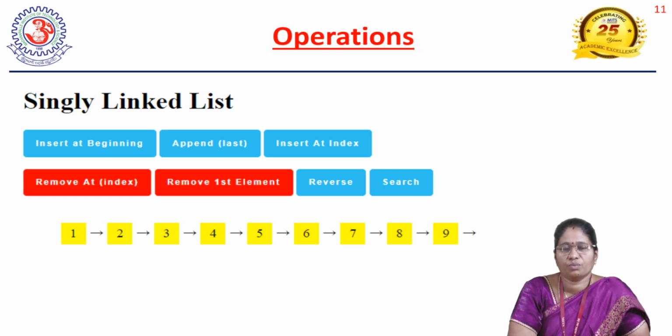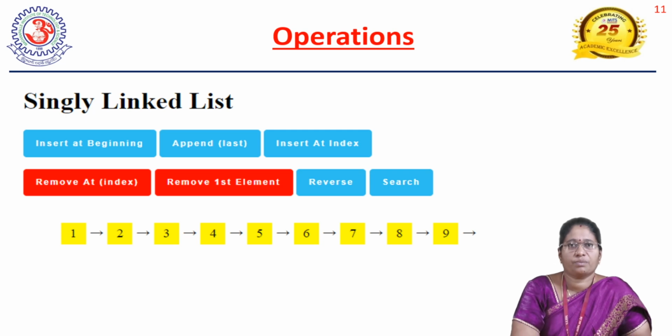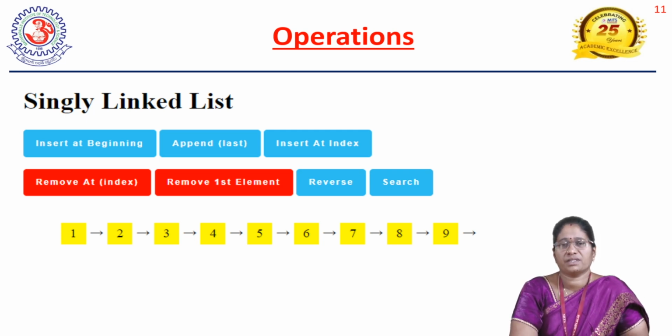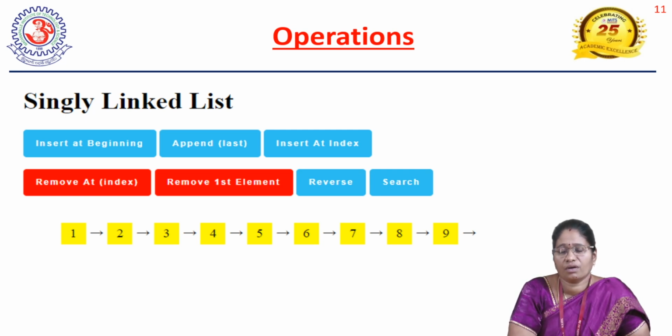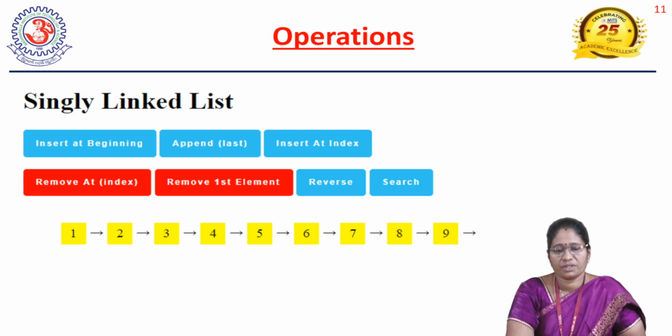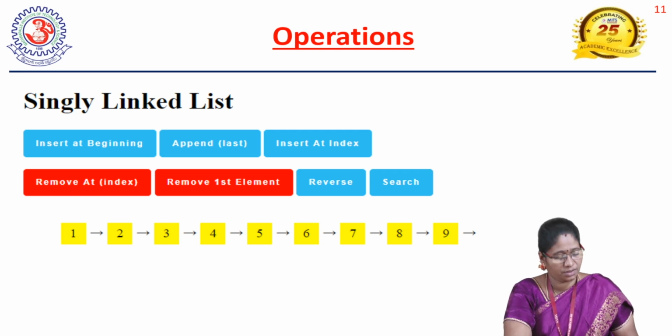I may want to remove an element in the first place, or in the last place, or in the middle. Along with that, you can do reverse, and searching for some data in the list. So these are the operations we are going to discuss now.